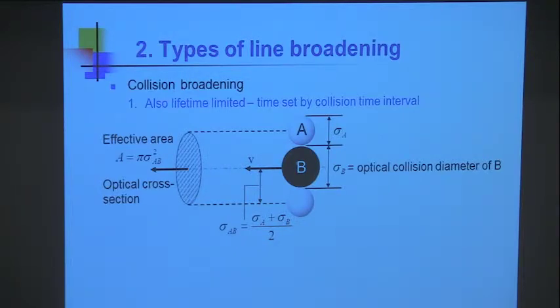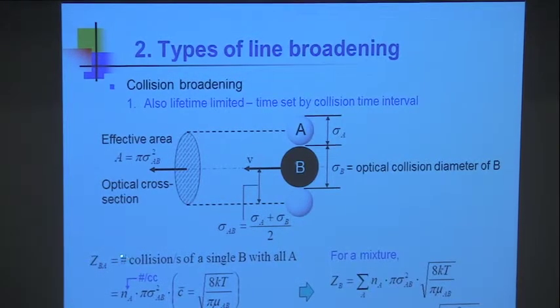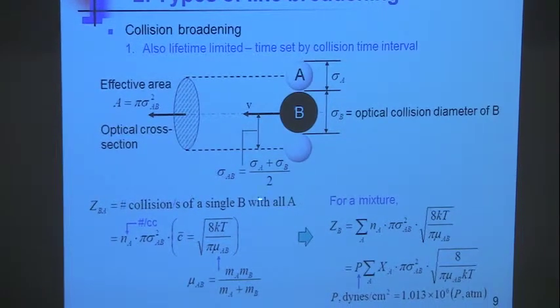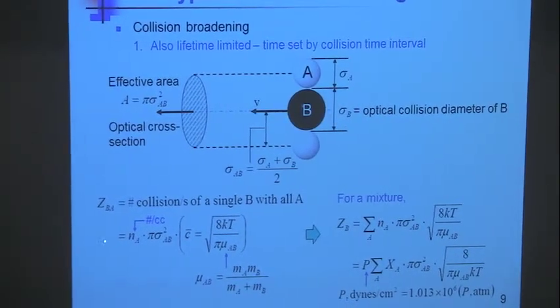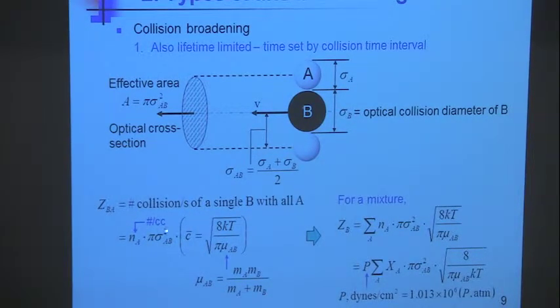to the same effect with photons. Now, from collision theory, you can say the number of collisions that a single B will have with all of the A in this chamber will be the area swept out times the speed, pi sigma squared times v. So this is the volume swept out by a single B per second. How many A's are there in that volume?